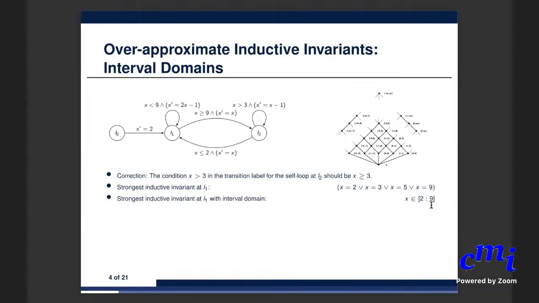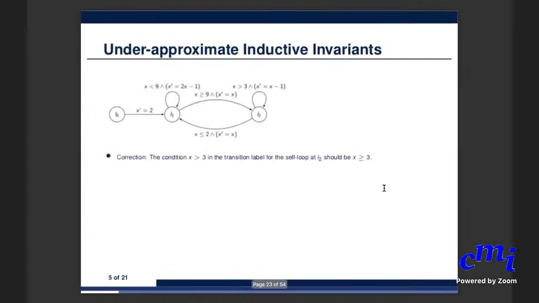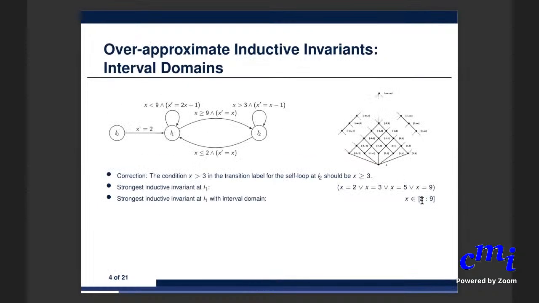Now this one is an over-approximation of the precise one, because it includes not only the precise values but other things. But if you're interested only in checking whether variables overflow or underflow, then an interval domain is perfectly fine.